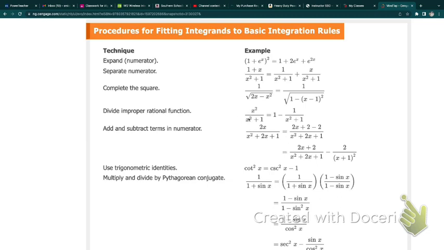When the numerator and denominator match, greater than or equal to. And that was one of those techniques that we hit on, but it wasn't a lot. But can you see that happening quite a bit? It does happen more than you want. But the division is actually pretty easy because you just put that remainder over here. Add or subtract terms to the numerator. Did we do that today? We did that with e to the x. We added it and subtracted it.